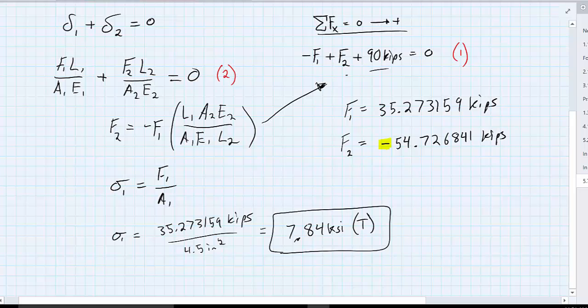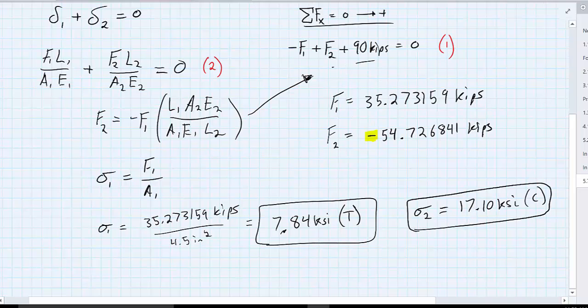And so that's our stress for member 1. Doing the same method for the stress in member 2, you should get the stress in member 2 to equal 17.10 ksi. And this, again, like we mentioned, is in compression.